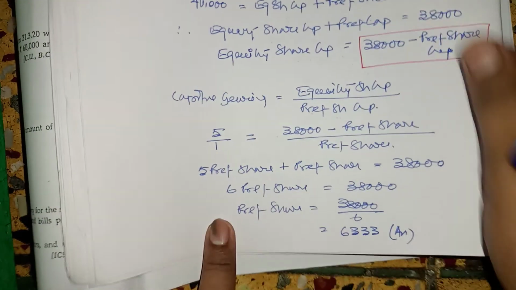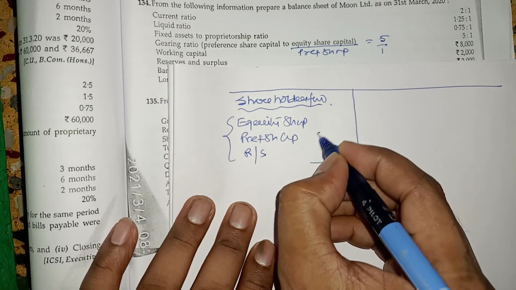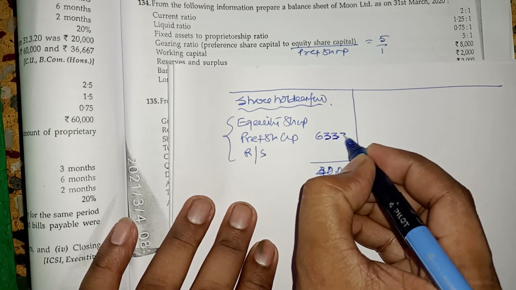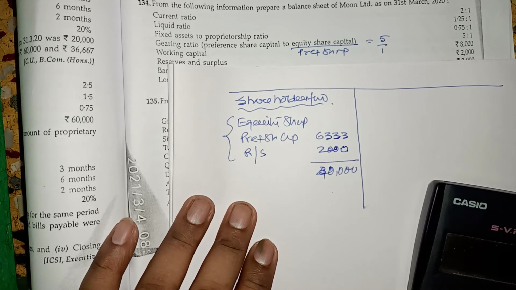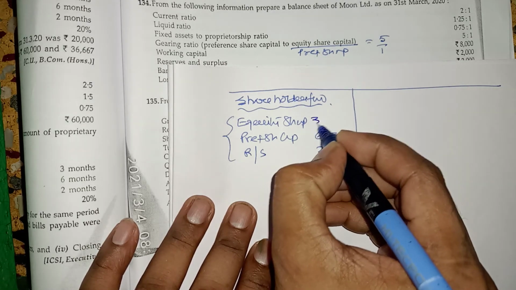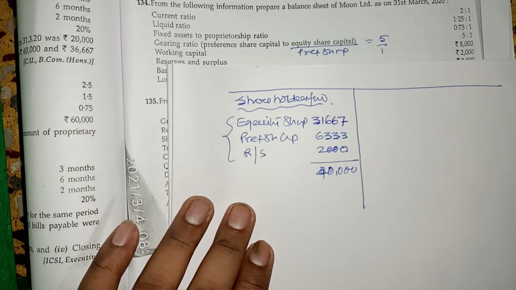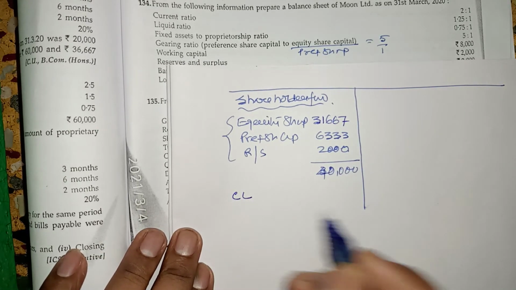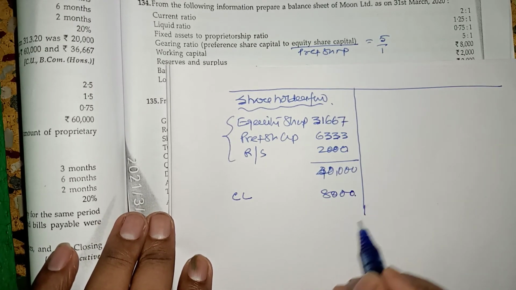So in between that our preference share is only 6,333. We know the reserve and surplus is 2,000 and the rest is our equity share capital. Clear? Current liabilities is 8,000.